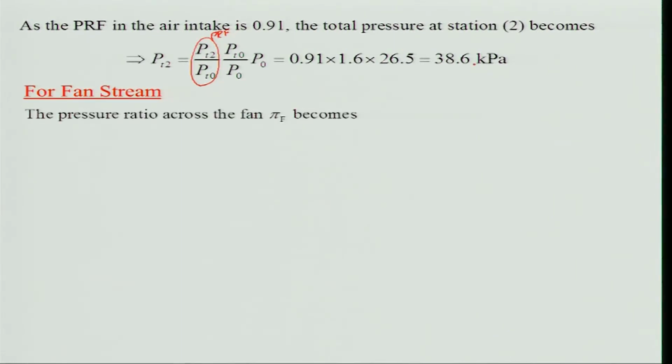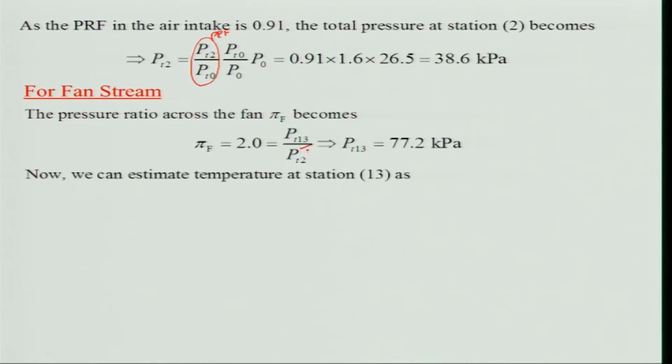For the fan stream, the pressure ratio across the fan, that is phi f, is straightforward, that is Pt13 by Pt2, and that is given as 2. So, you can get Pt13 directly because Pt2 is known, already evaluated.